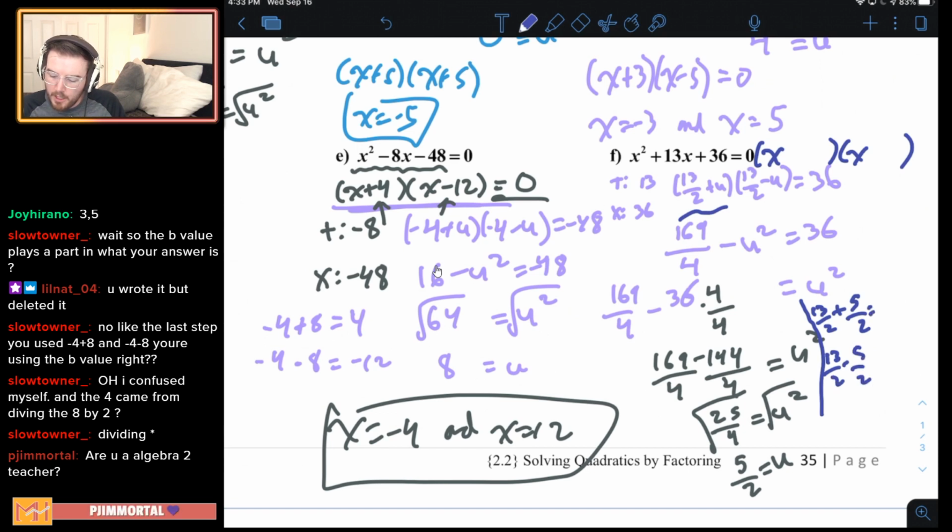So we end up with 13 plus 5 is 18 halves, and 13 minus 5 is 8 halves. So 9 and 4. So my answers are -9 and -4.